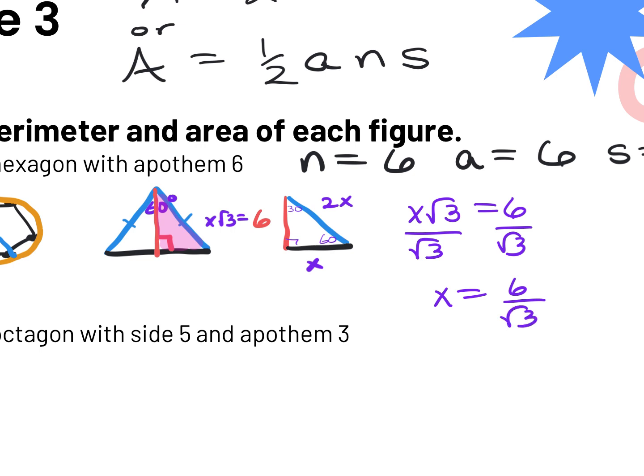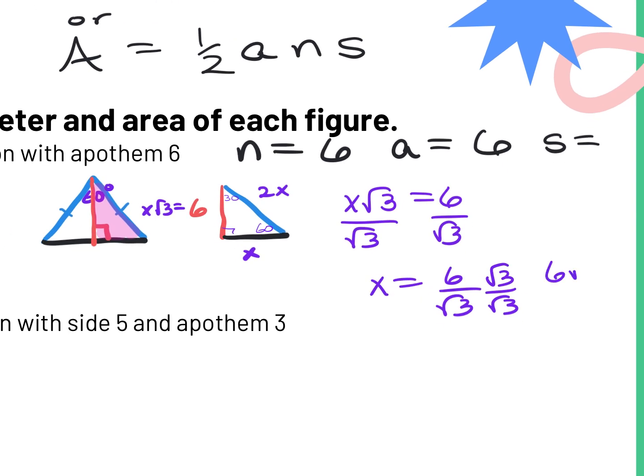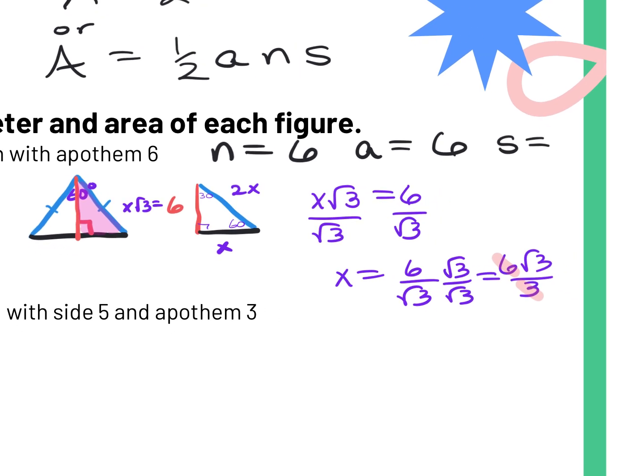I need to rationalize. And I get 6 square root 3 over 3. This will simplify. I can divide the 3 and the 6, and then this becomes 2 square root 3. So now that is this. This is what I needed.